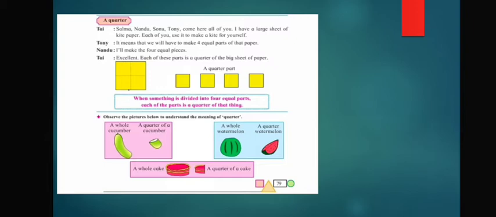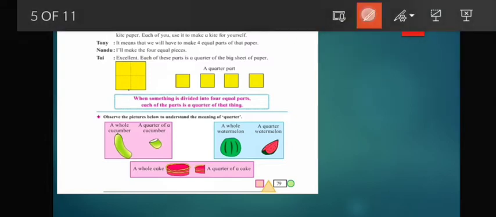Each of you use it to make a kite for yourself. It means that we will have to make 4 equal parts of that paper, because how many children are there? 4 children are there. So 4 equal parts. Nandu, I will make 4 equal pieces. Excellent. Each of these parts is a quarter of the big sheet of paper.